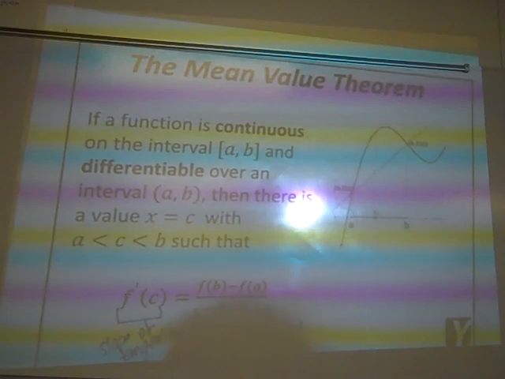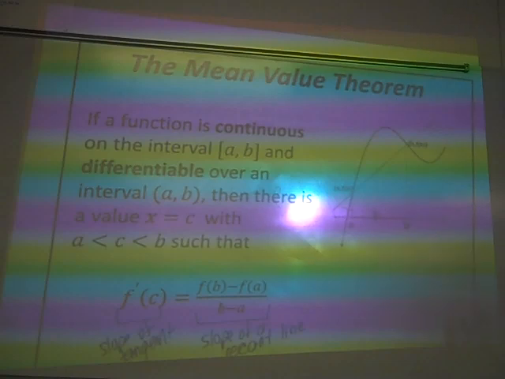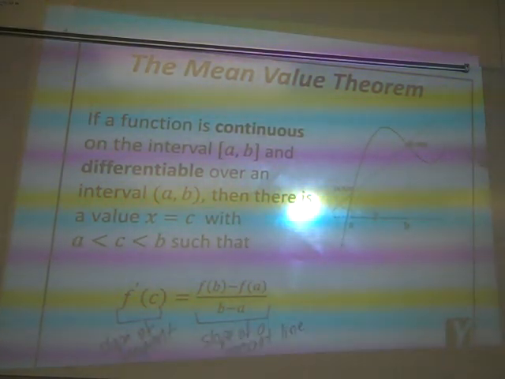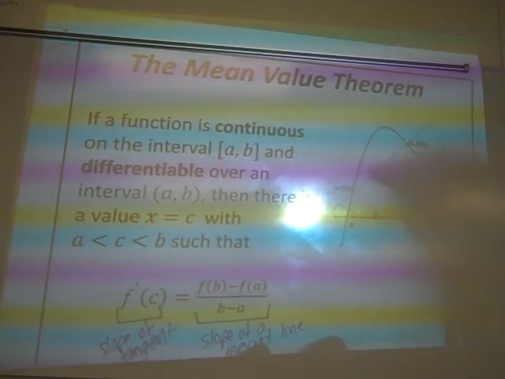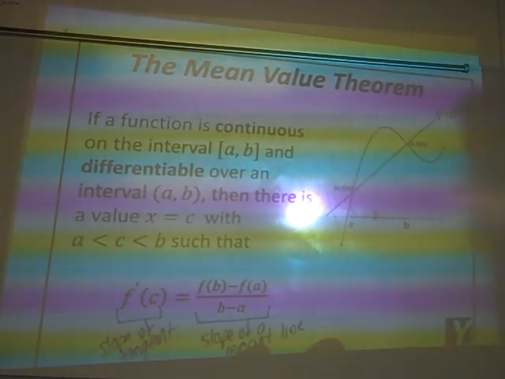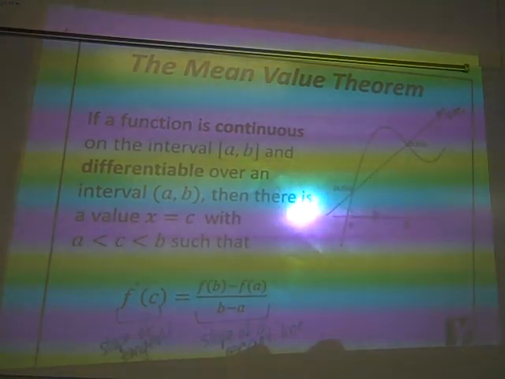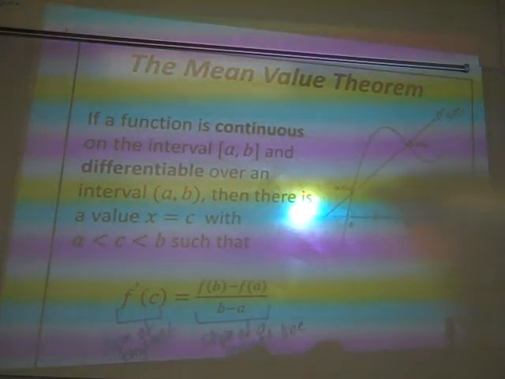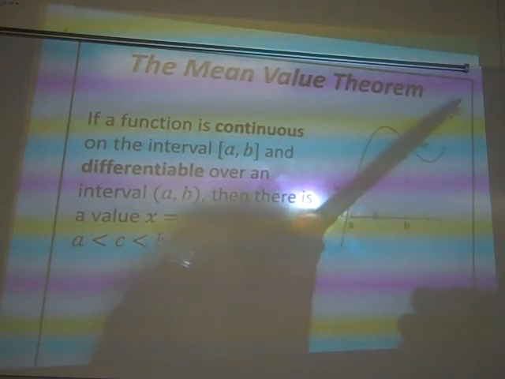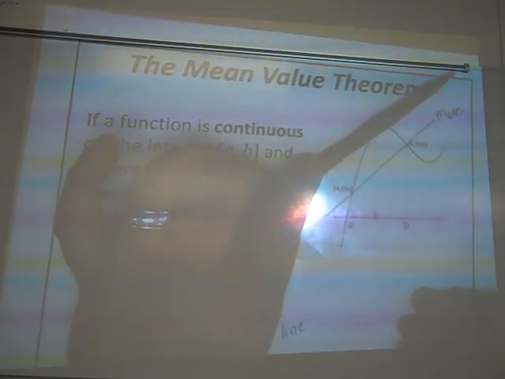So if I'm going to use the mean value theorem, what it states is if I have a continuous function on a closed interval that is differentiable on the open interval, well then if I find the slope of the secant connecting the endpoints, then somewhere in between here, if the pen represents my tangent line, I'm going to have a tangent line with the exact same slope as the secant line.